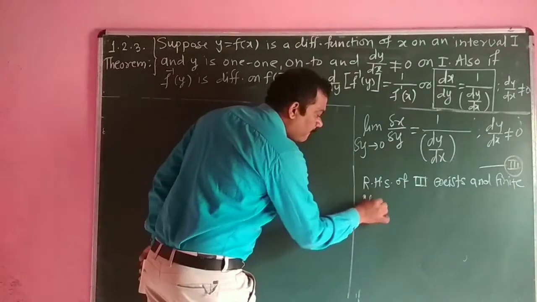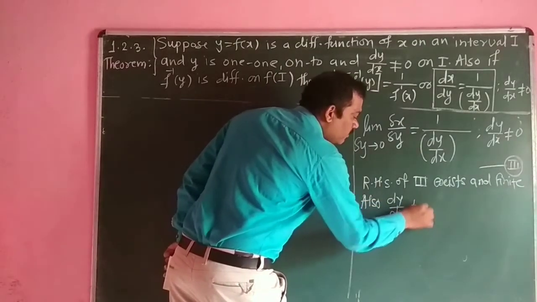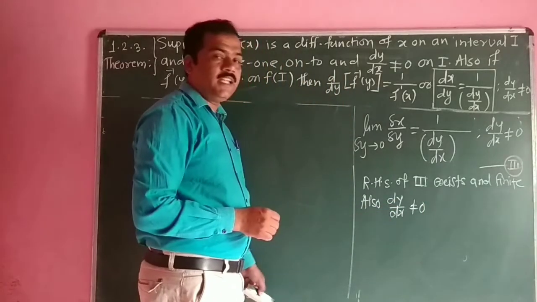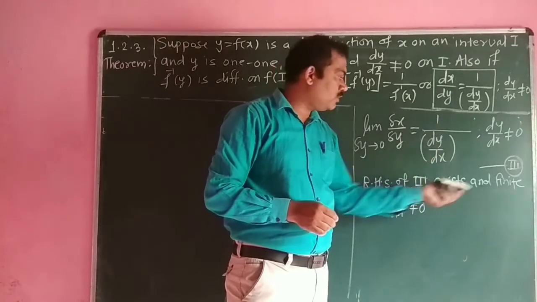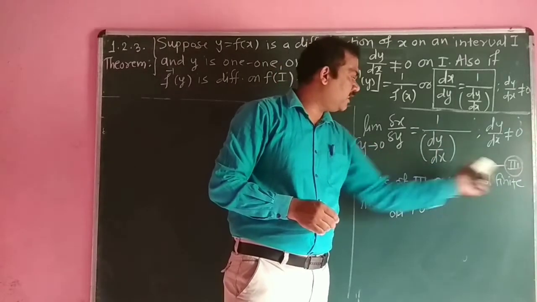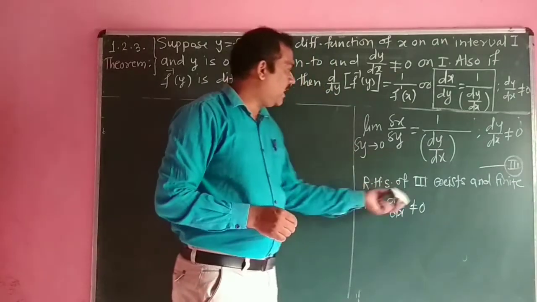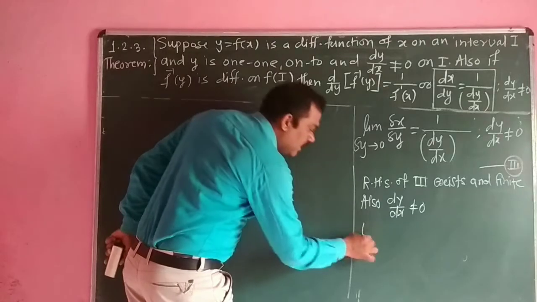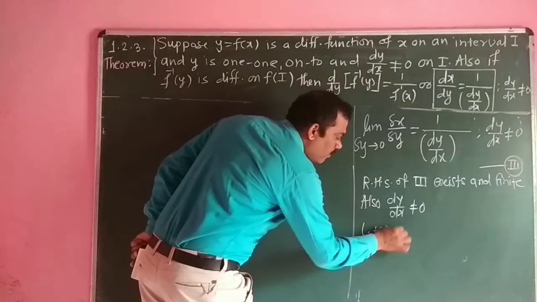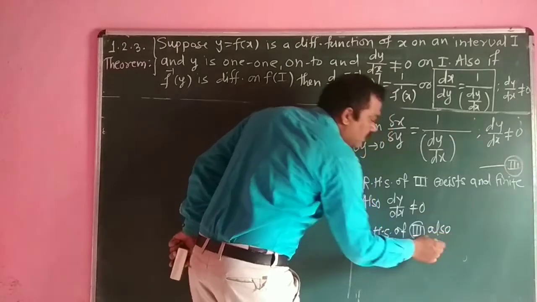Also, dy by dx is not equal to 0, so 1 upon dy by dx is not equal to 0, and the value on the RHS is finite. It means that the RHS of 3 exists, so the LHS of 3 also exists.